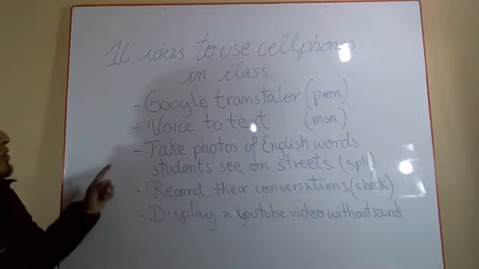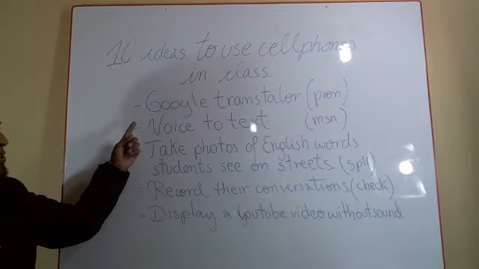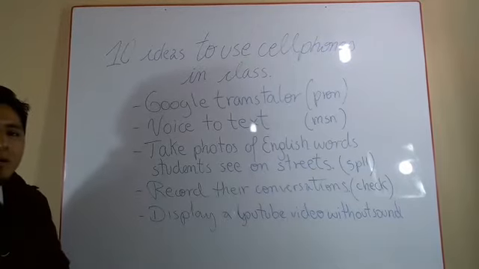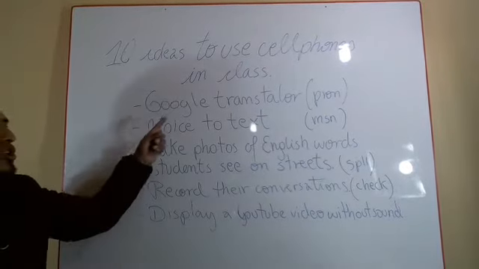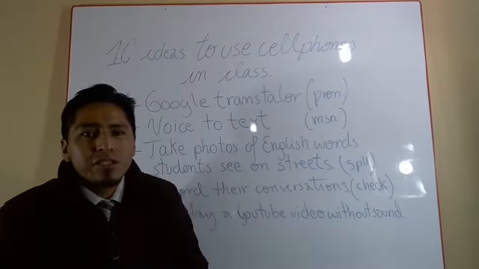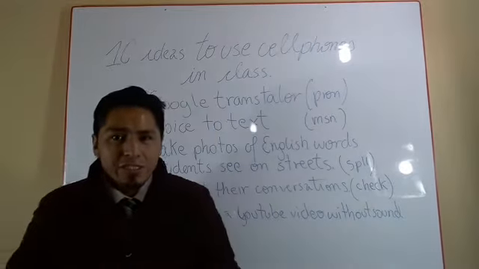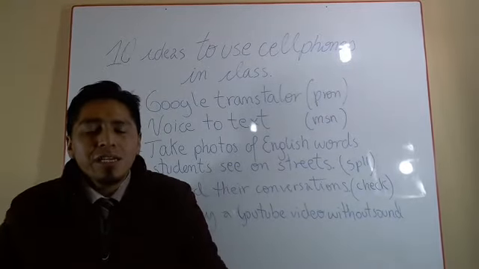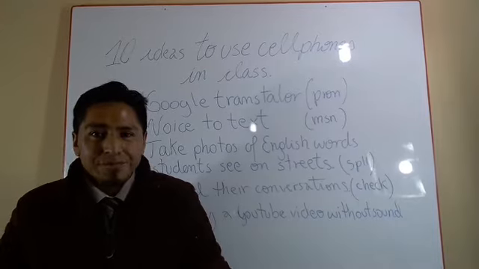Okay, so look, the first idea to use cell phones in classes, in order to, of course, help our teaching, is Google Translator. We use Google Translator in order to find the definition of words, right? But in this case, we are going to use it for pronunciation.